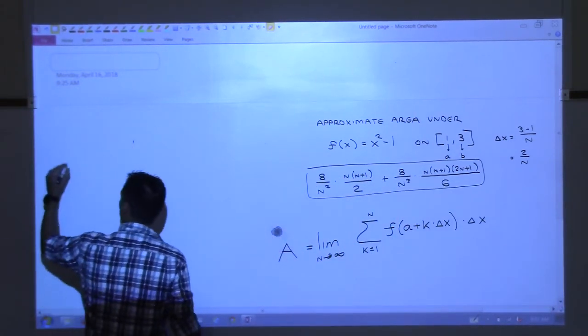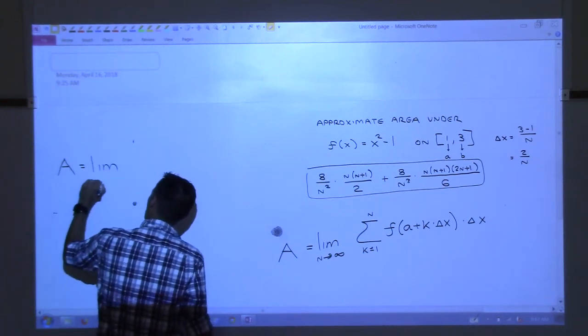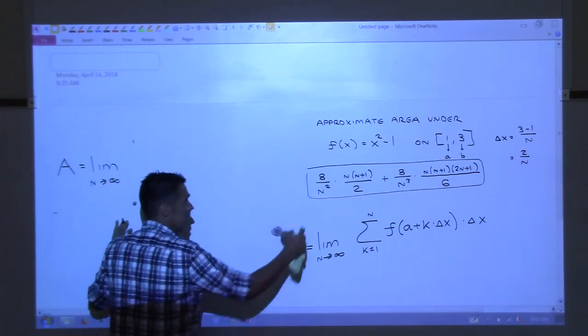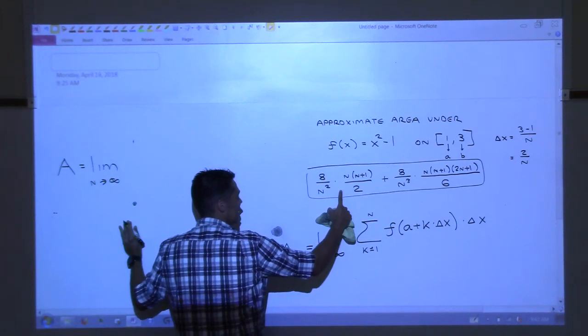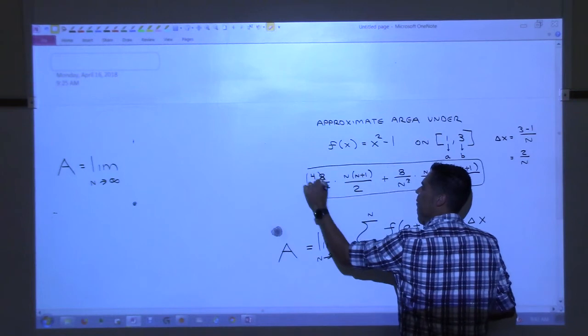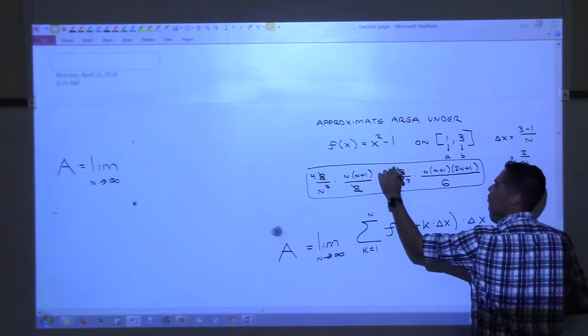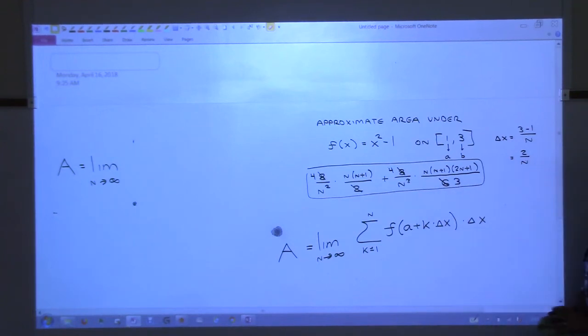So I'm trying now to find the true area, and it should be the limit as n goes to infinity of this expression. Let me clean this up. Before I do it, can I cancel this 8, make it a 4, and make that a 3? Is that fair?